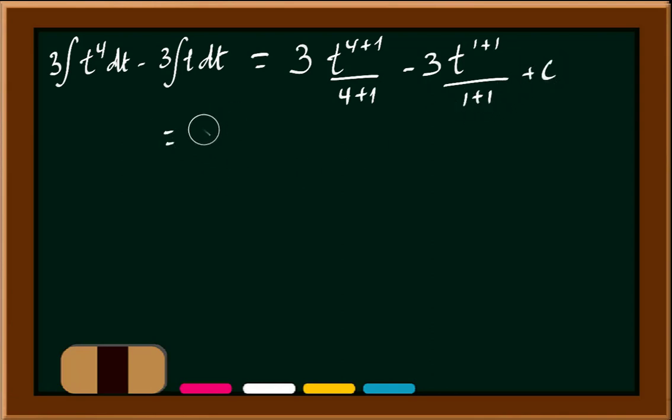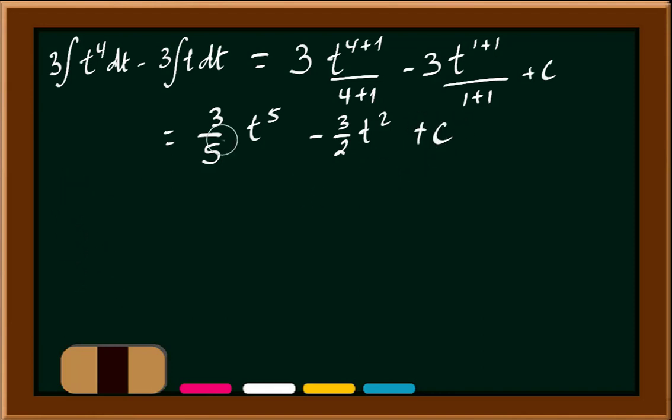So that means we get 3 over 5 times t to the power of 5, minus 3 over 2 times t squared plus a constant.